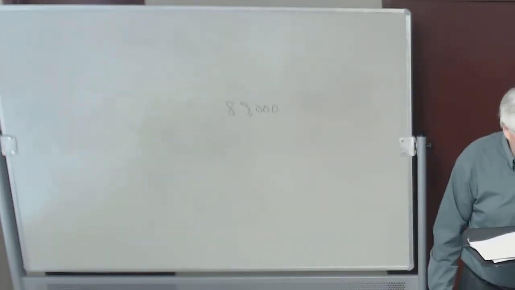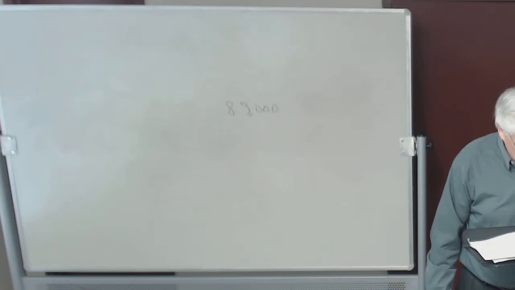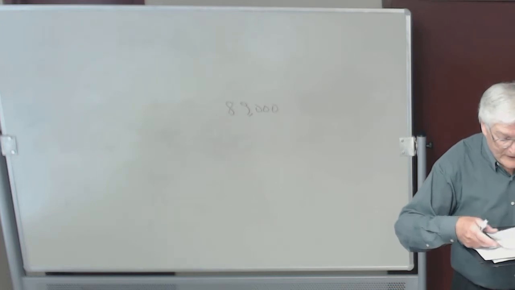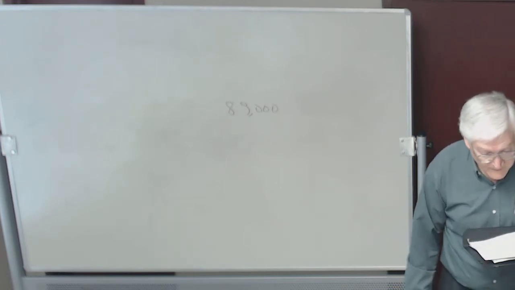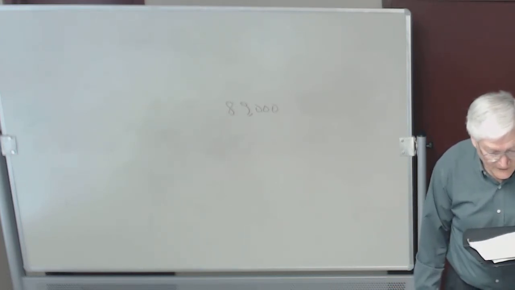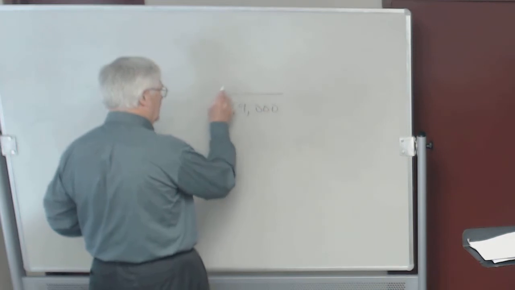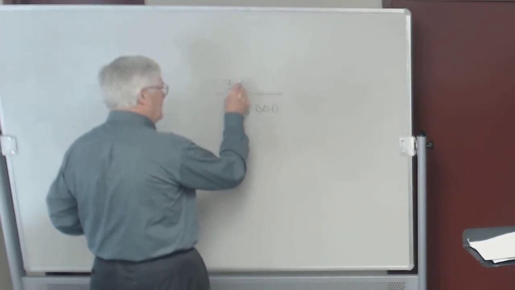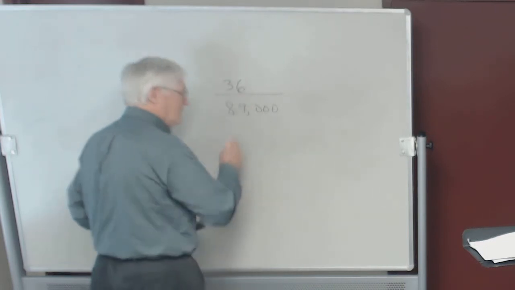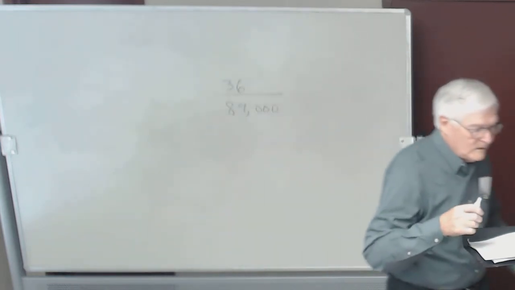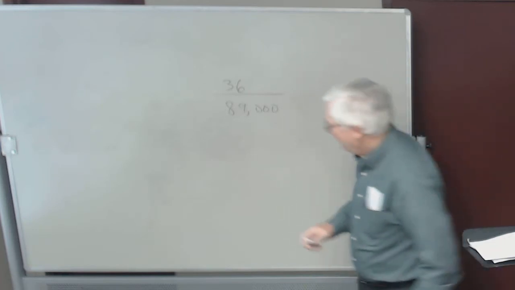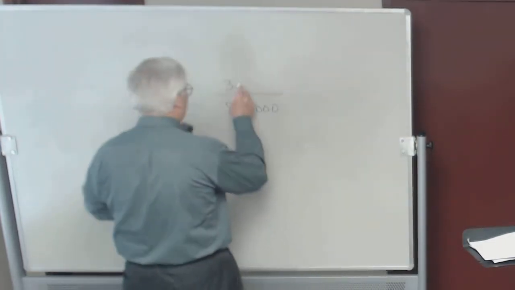And what's it say next? For 22, what's the probability that a person who's alive at age 25 will be alive at age 70? Mm-hmm. What's the number alive at age 70? 38,600.